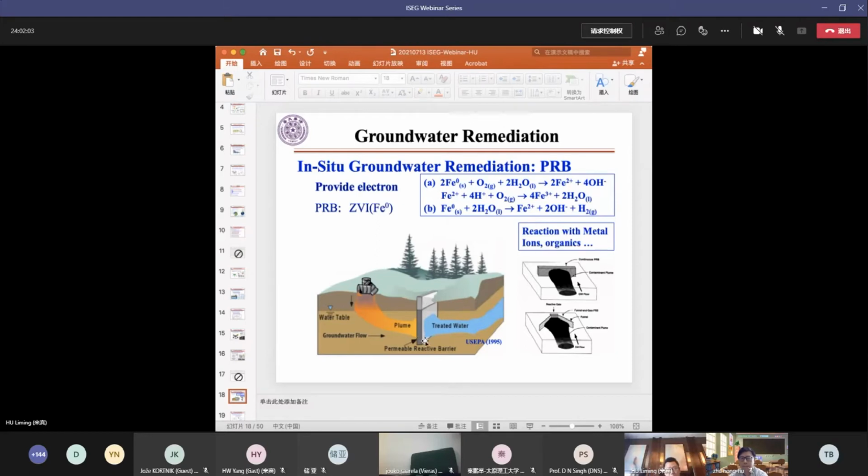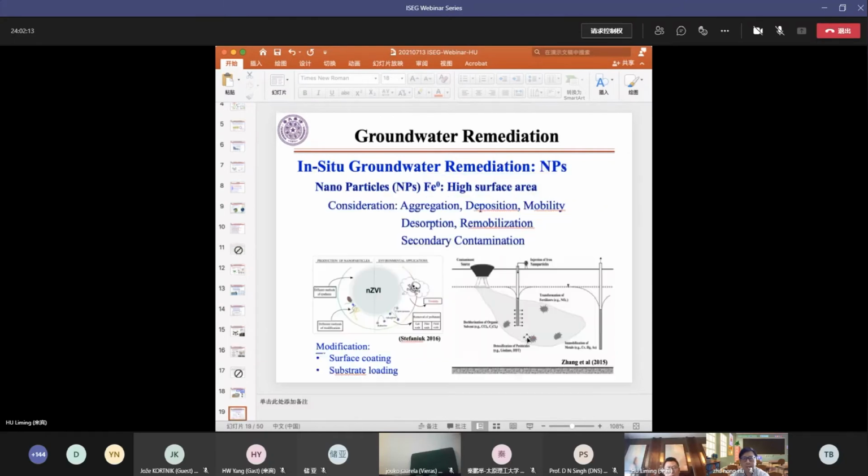The most used material for this wall is iron. We are very familiar with iron, and to improve the efficiency of the iron reacting with contaminants, some scholars developed nanoparticle iron.